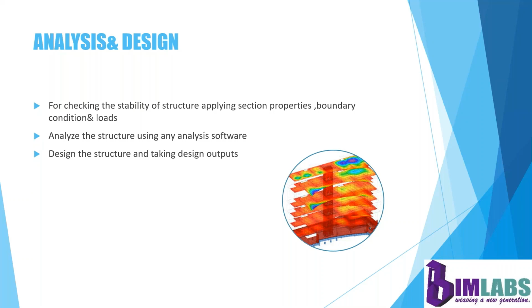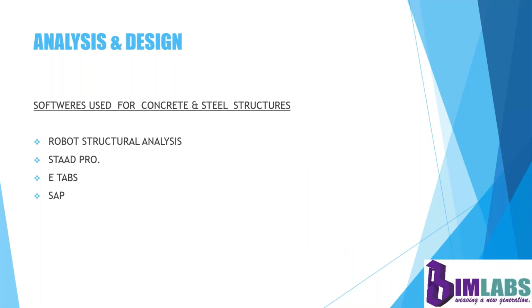After that you have to analyze and design the structure. For analyzing and designing, we have different softwares. Everyone will be familiar with STAAD.Pro, ETABS, SAP and all. We have STRAP, STRUDS, so many softwares are there, but everyone will be familiar with STAAD.Pro and ETABS.